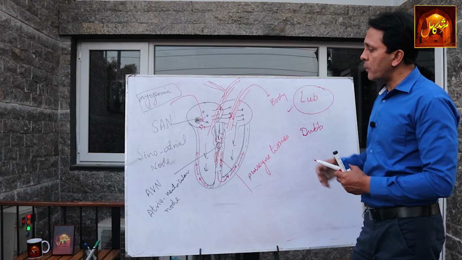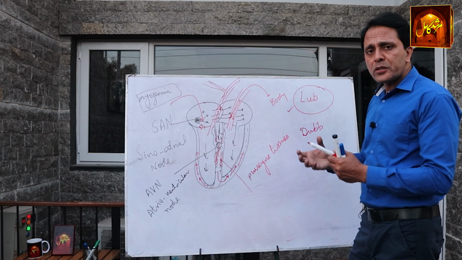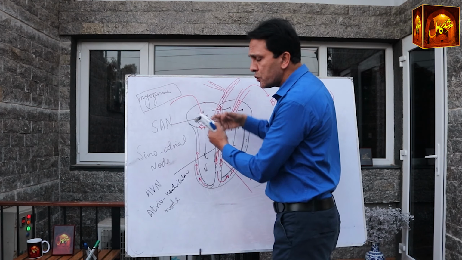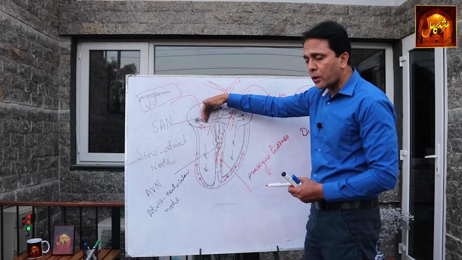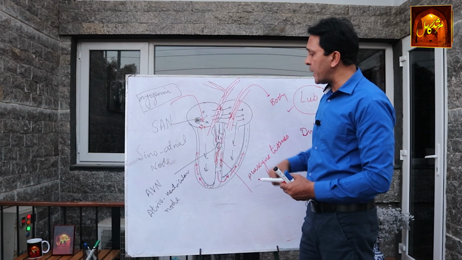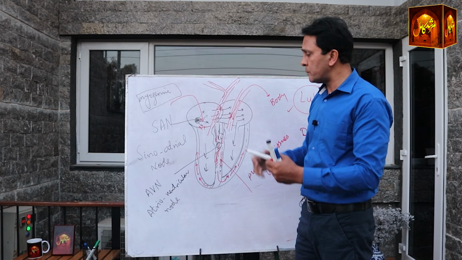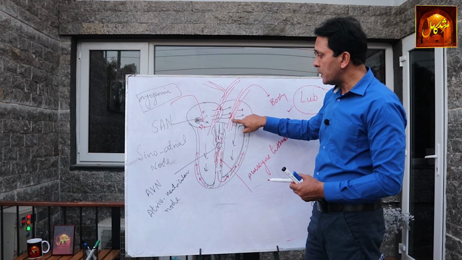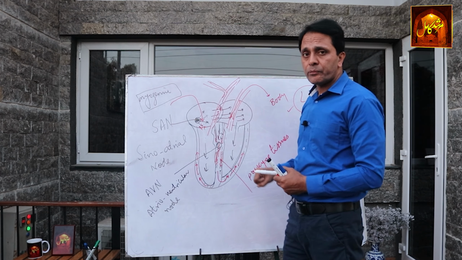The second is during diastole. During the process of diastole, the blood is coming back into your heart. At that time, when it enters your atrium and then your ventricles, the atrioventricular valves get open, and at the same time the semilunar valves snap shut.